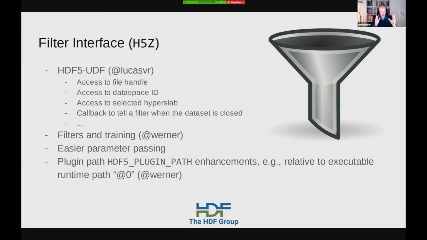This is a very interesting topic, the H5Z interface. It's definitely a very popular interface, and it's surprising that it hasn't really changed much, but maybe now or very soon is the time to take another look.